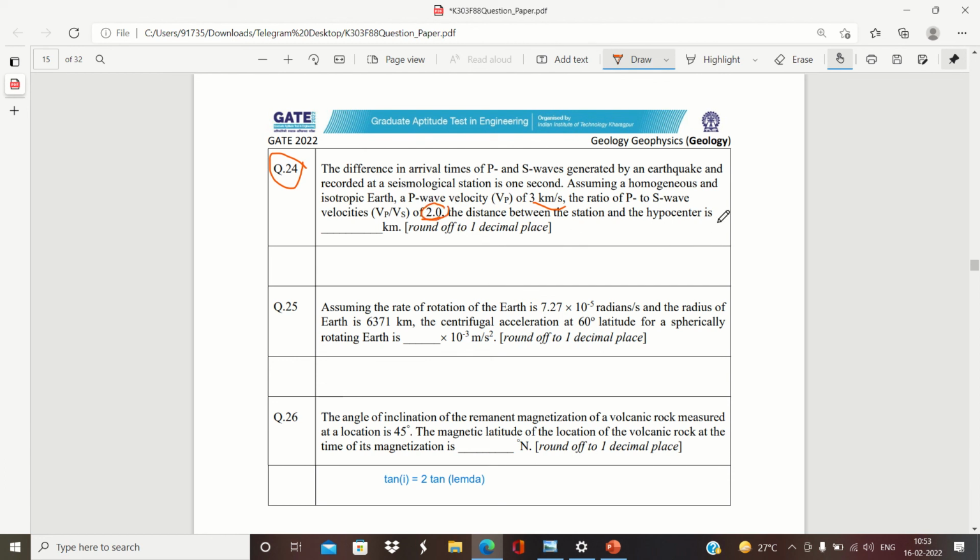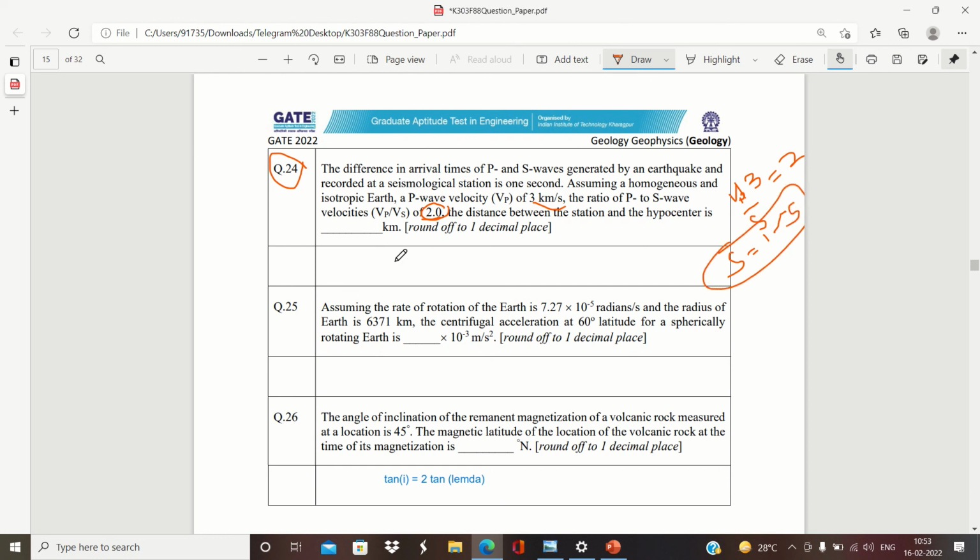We will calculate the S wave velocity. The velocity of P wave divided by the velocity of S wave is equal to 2. The velocity of P wave is 3, so 3 divided by Vs is equal to 2, or the velocity of S wave will be 1.5.